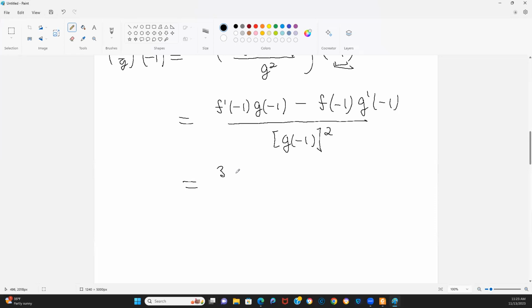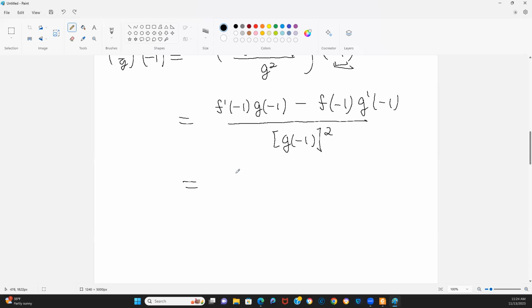So we get 3 times g of -1, which is going to be 0, I guess, minus f of -1, which is 1, times g prime of -1, which is also 0. So I guess this whole thing is just 0 over g of -1, which is -2. Oh wait, no, I was looking at the wrong column. Sorry. All right, let me read this.